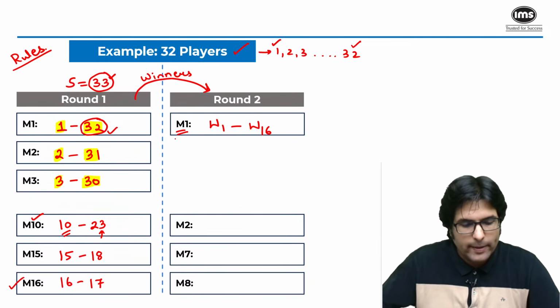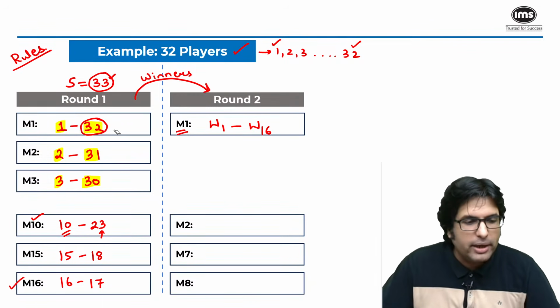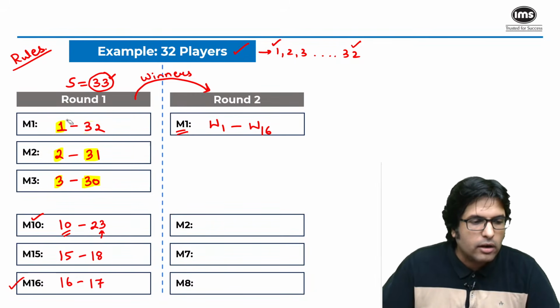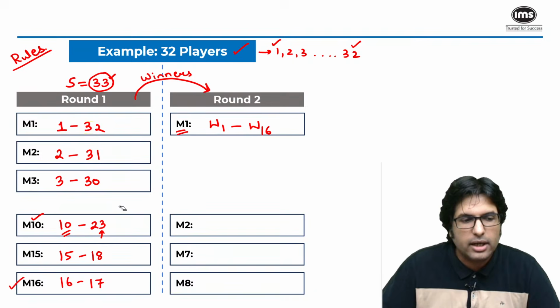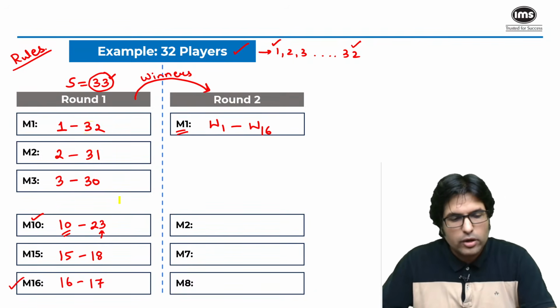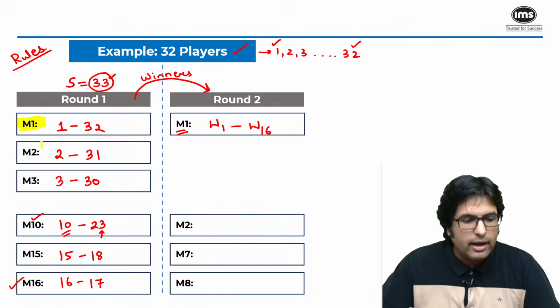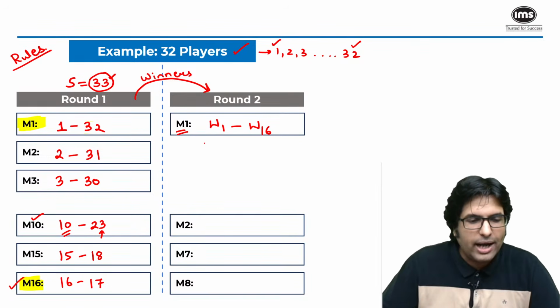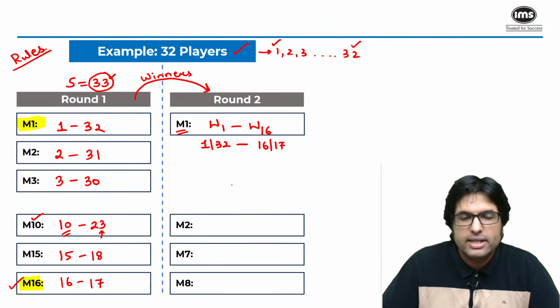Now think of it this way. What are the possible combinations that we could have for match 1 of round 2? We could easily identify that the winner could be anyone among 1 and 32 because of match 1. If you look at just match 1 and match 16, from match 1 I could have 1 or 32 as the winner, and from match 16 I could have either player rank 16 or 17 as the winner.